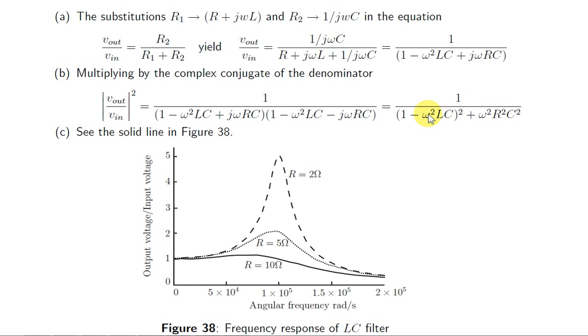To maximize V out over V in squared, we just set this other term equal to 0, and then the peak will occur at omega equals the square root of 1 over LC, for very small values of R.